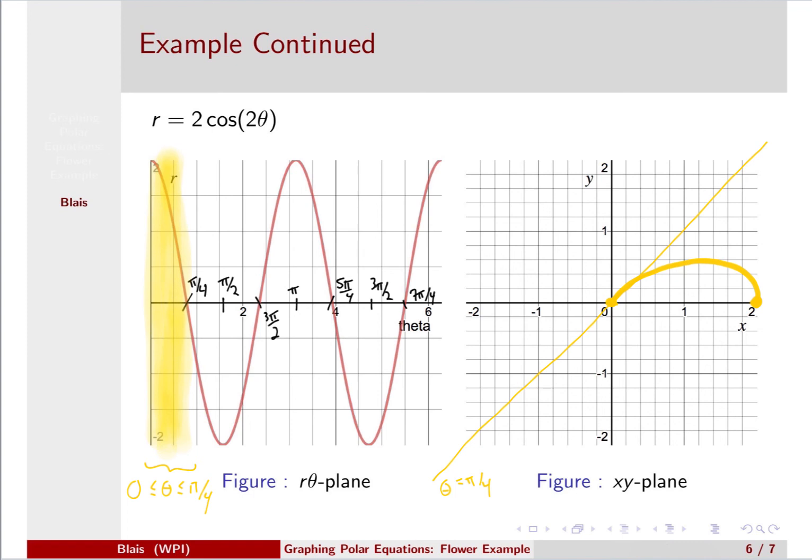If we look at the next range, theta going from pi over 4 to pi over 2, we'll highlight that in blue.